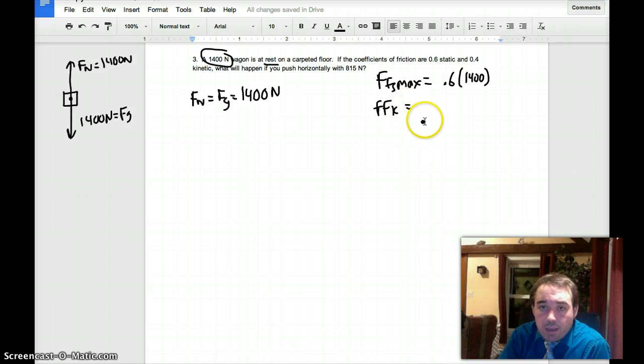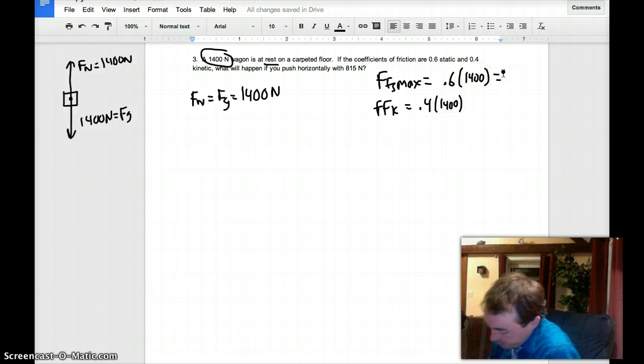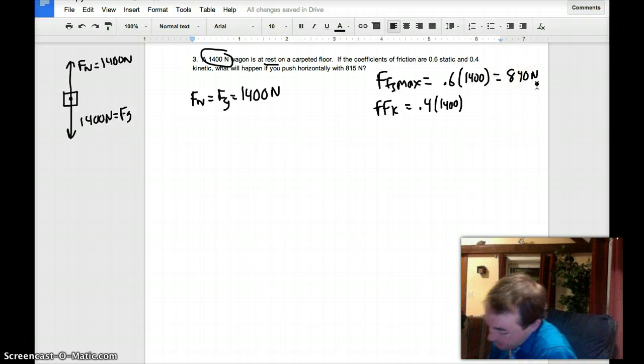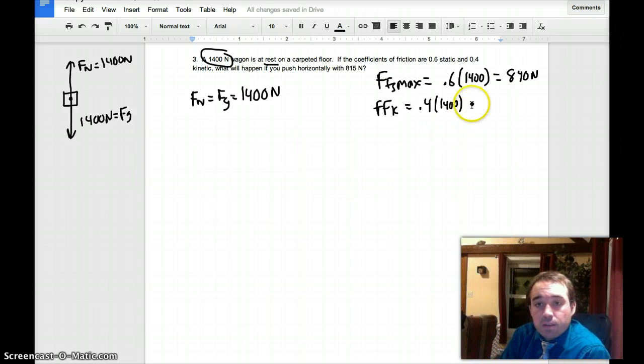FFK, 0.4 times 1400. 0.6 times 1400 is 840 newtons. FFK, 0.4 times 1400, 560 newtons.